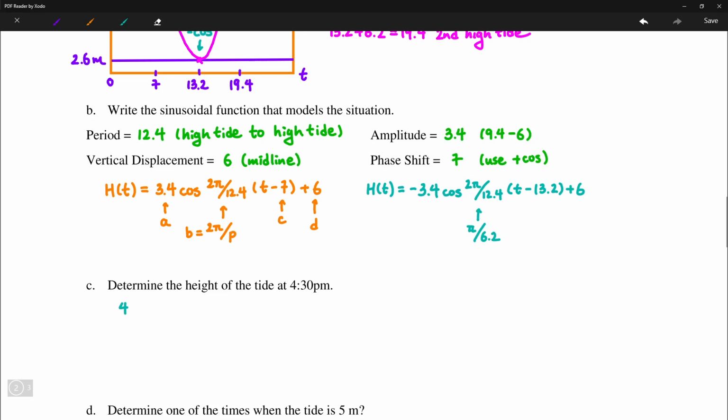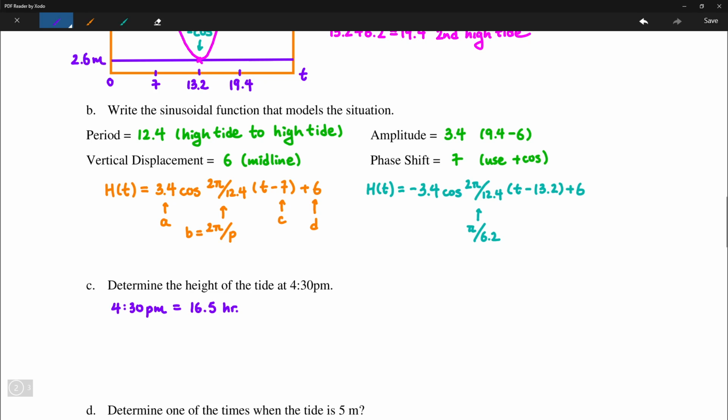So how would that work? So here we have 4:30 p.m. So using a 24-hour clock, we know that 4 p.m. is 16 hour, or the 16th hour, and then the 30 will be half an hour. So this is 16.5 hours from midnight.